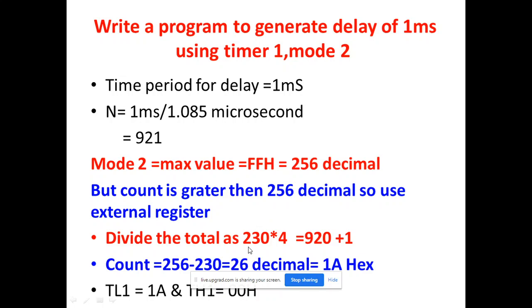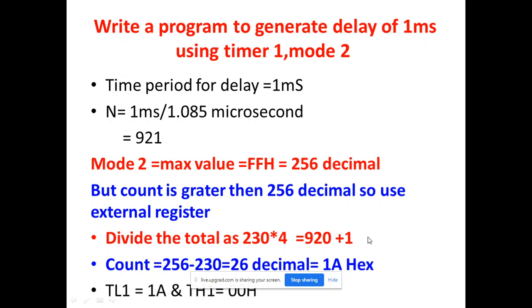For example, I consider 230 into 4. My answer is 920, but I want to generate 921, so one more pulse is added and it becomes 921. In this fashion, I keep the program executing 4 times, generating 921. I will generate n equal to 921 to get the time delay of 1 millisecond.